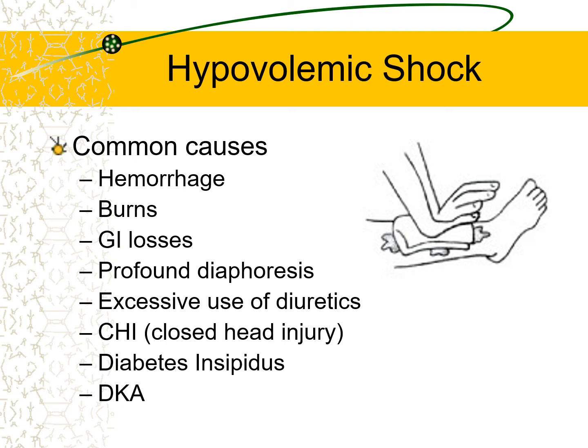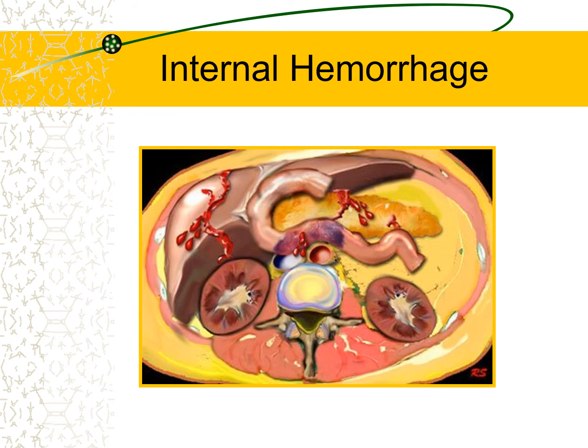Okay, I'm not going to talk about burn shock here. We'll go on to the next slide. So we realize that bleeding can be internal or external. In this picture, we're looking at internal hemorrhage that can occur, for example, in a motor vehicle accident. We see a laceration to the liver and in other areas within this picture, including the pancreas back there.